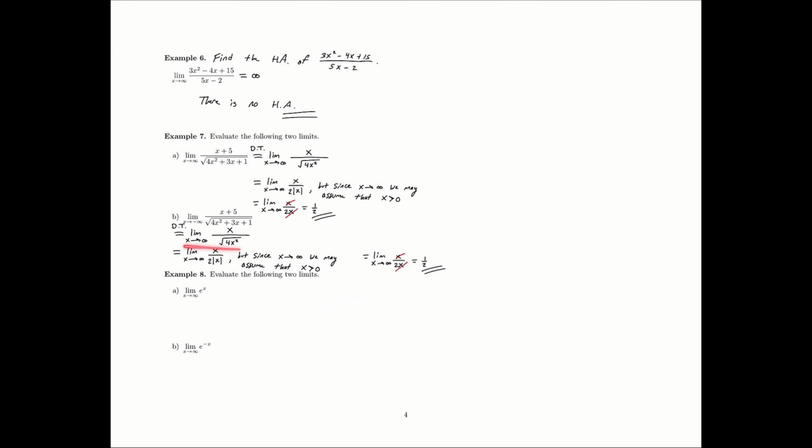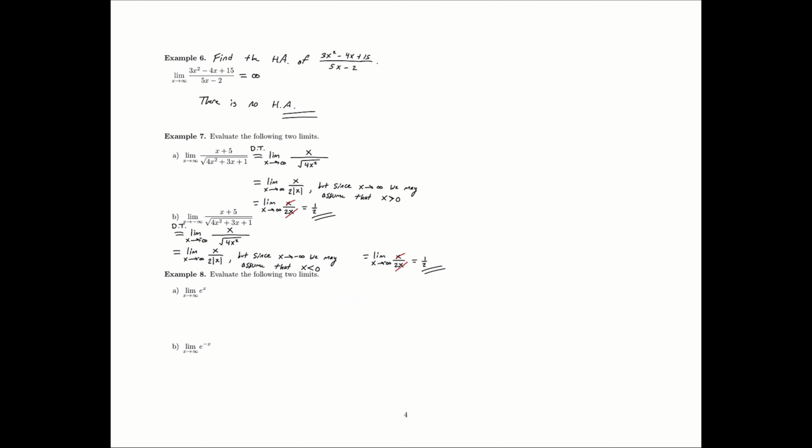This step is the same. Oop, I guess I should toss in some negative infinities. Okay, so this step is the same. This step is the same, but we have to say, but since x is going to negative infinity, we may assume that x is now negative.